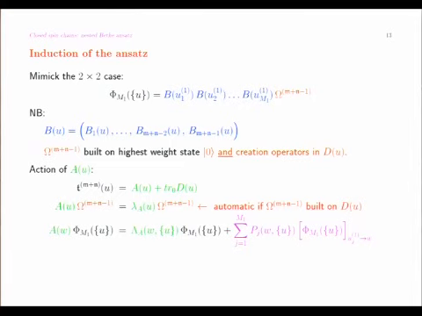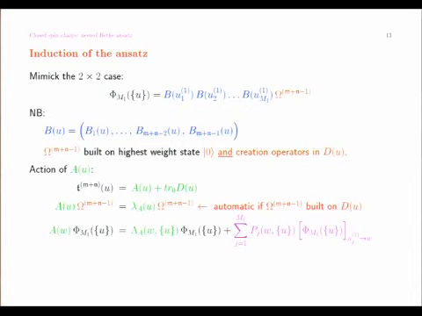So we can try to mimic the 2x2 case. We start with some state, which I will speak about later, and we act with the B operators. But of course, now you have several types of B operators, since you had a line vector. So omega there will have an index, and you sum over all the indices to take care of all the B's.